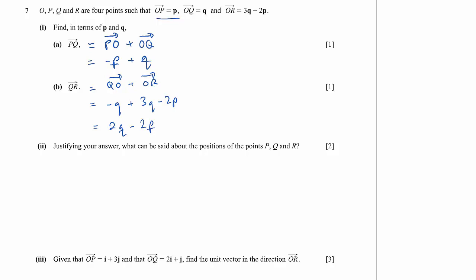Justifying your answer, what could be said about the positions of points P, Q and R? Well, we have that PQ is equal to Q minus P, and that QR is equal to twice Q minus P. And that means that QR is equal to twice PQ.